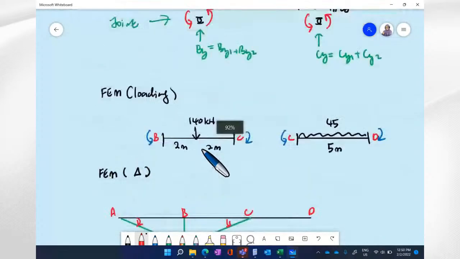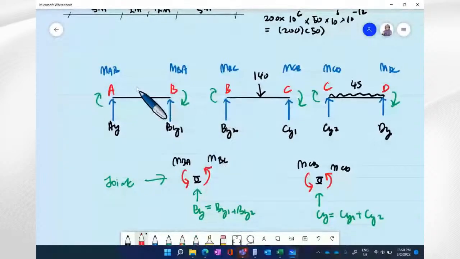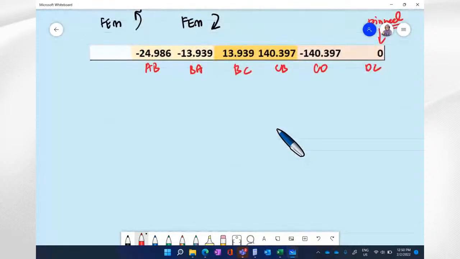I have shown you here the free body diagram for member AB, free body diagram for member BC, free body diagram for member CD. So I want to analyze it one element at a time by using this value.